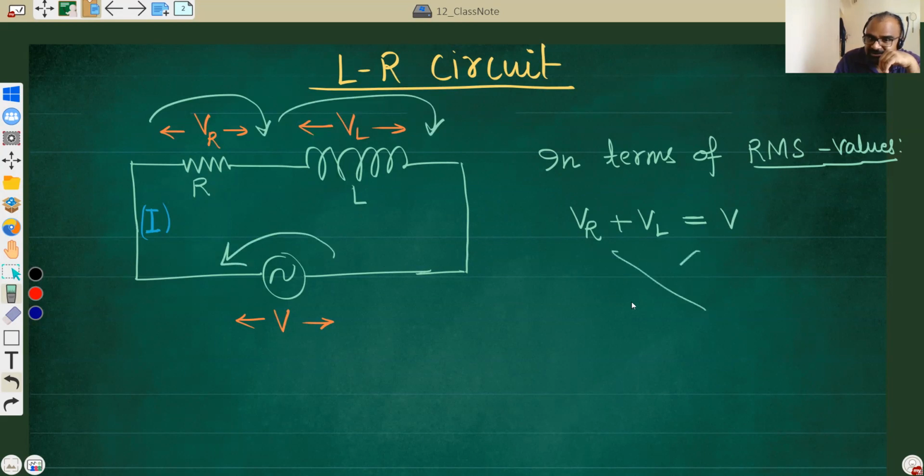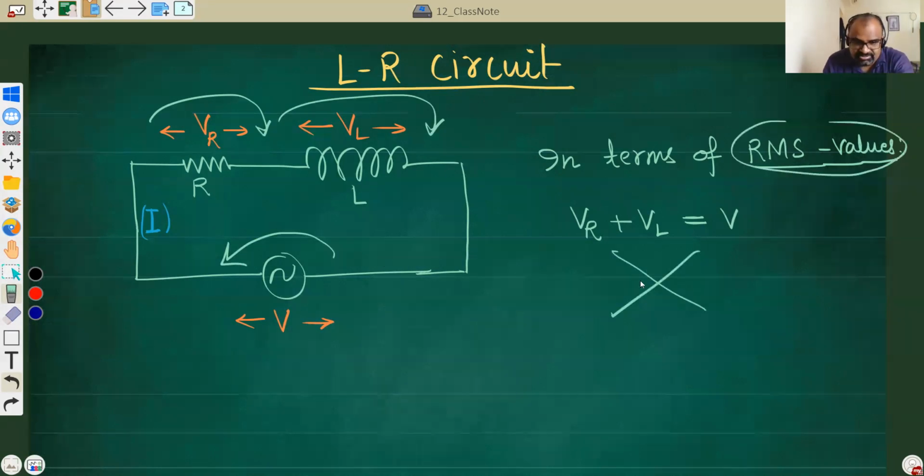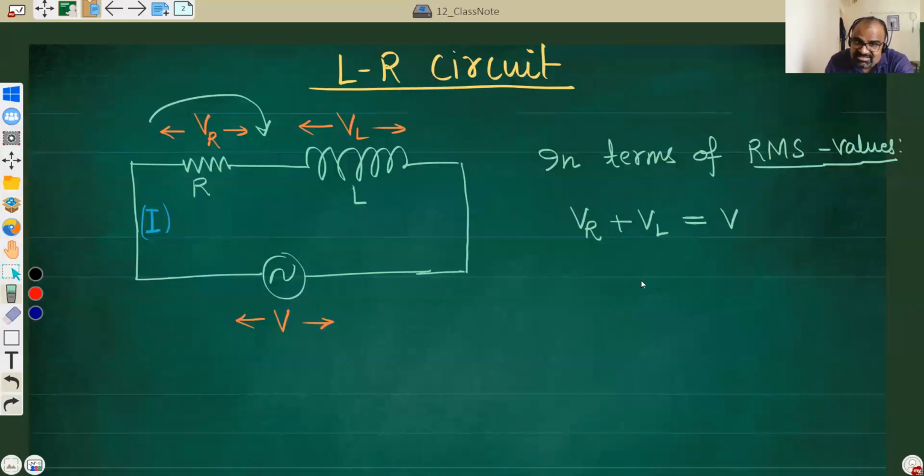Well, we can't. In terms of RMS values, we can't. In terms of instantaneous values, yes. If these were instantaneous values, then we would have been able to say this, but not in terms of RMS values. Nothing new, because even yesterday in the RC circuit it was not true.